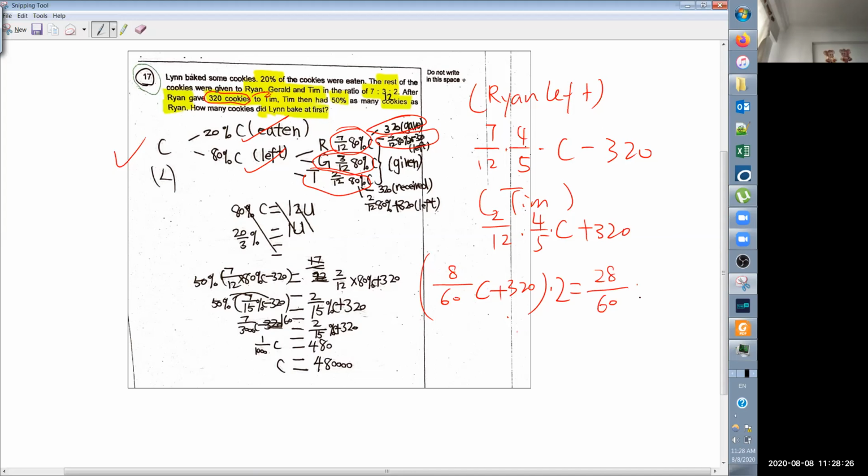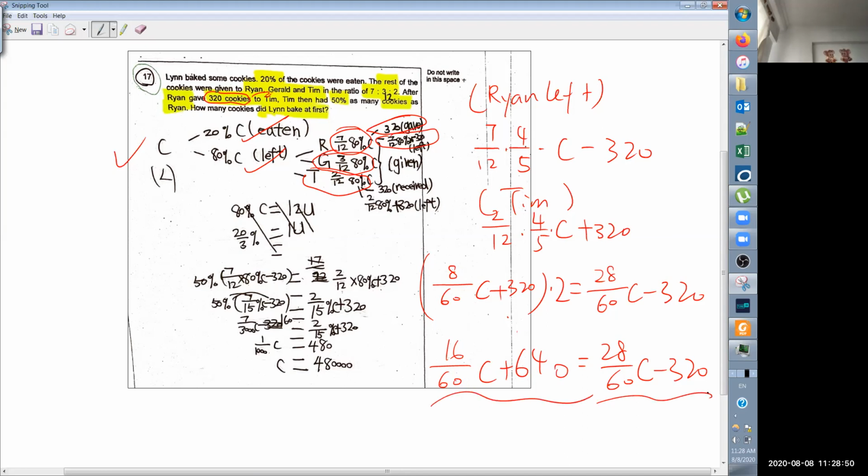Then 60C minus this. And then of course 16 over 60C plus 640 equals 28 over 60C minus 300. Can you help me figure out this? Help me from here onward, okay? Then you can find out what your C is from here.